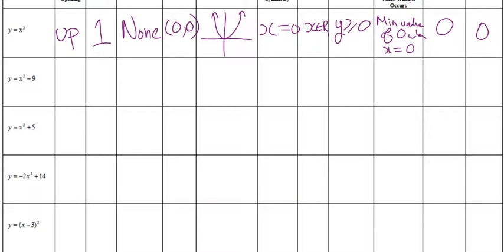So the correct way of saying the stretch would be vertical stretch about the x-axis by a factor of whatever. When we talk about vertical stretches, we should talk about the line about which we are stretching, because we don't always have to stretch about the axis. We could stretch about any line, but every vertical stretch must take place about what kind of line?